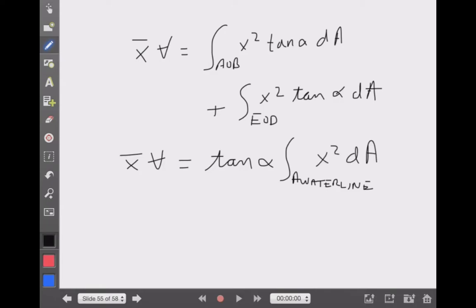Now, if you remember from a lecture or two ago, this looks very familiar. This is again the area moment of inertia.